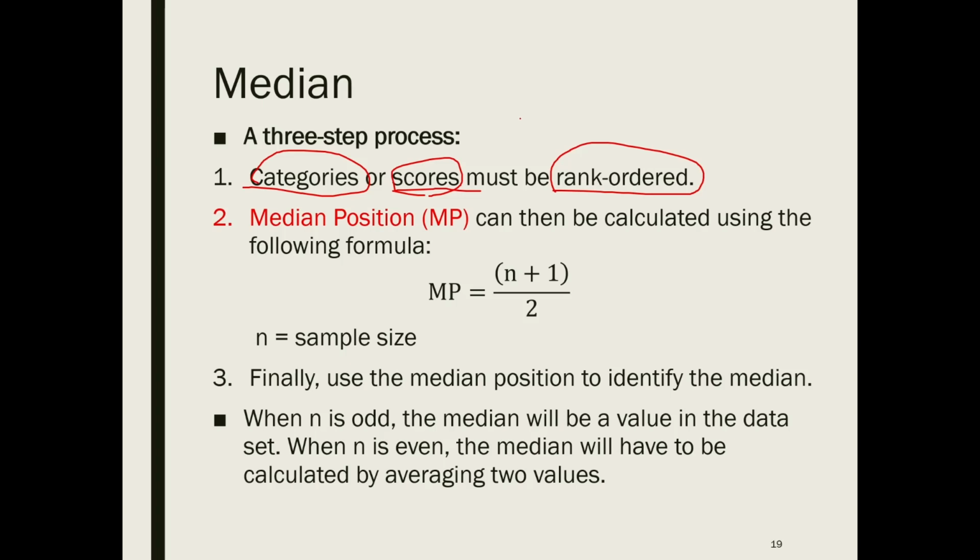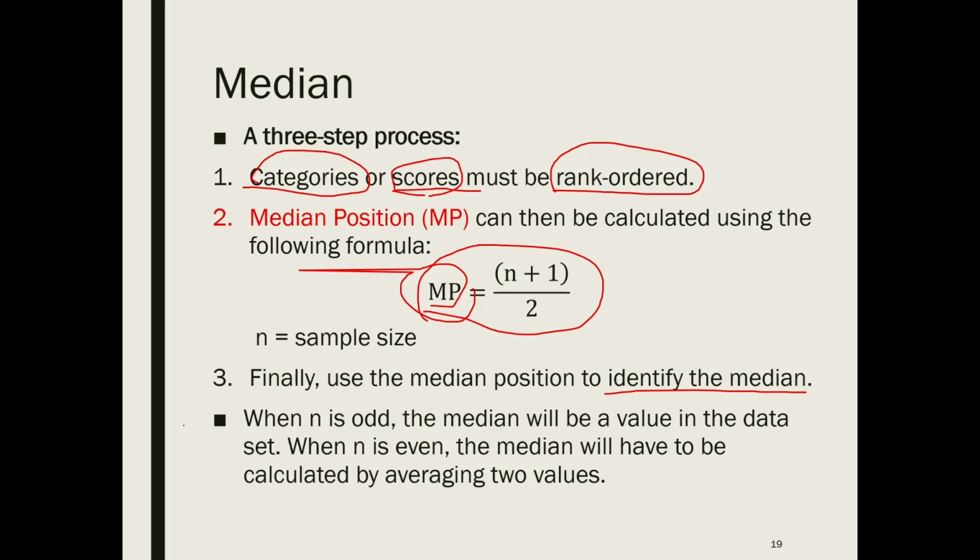Re-rank it. And we also use a formula called the median position. It simply calculates where the median is: n, the sample size, plus 1, divided by 2. Then use this number to identify the median. It's really simple.